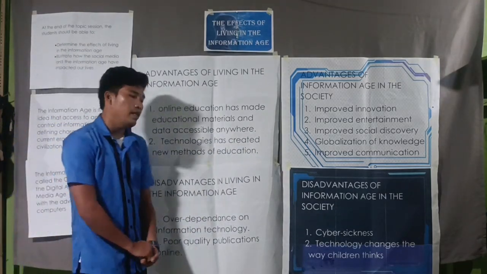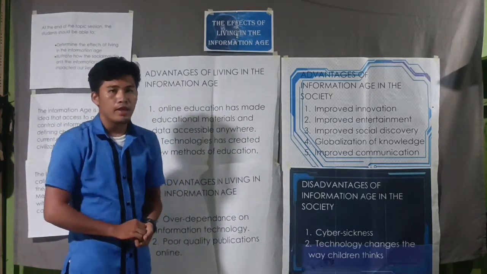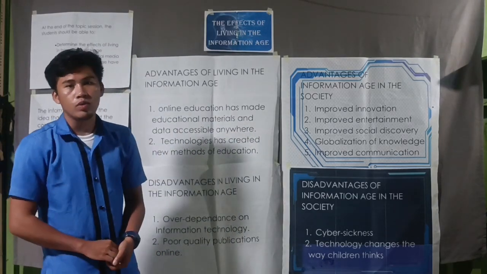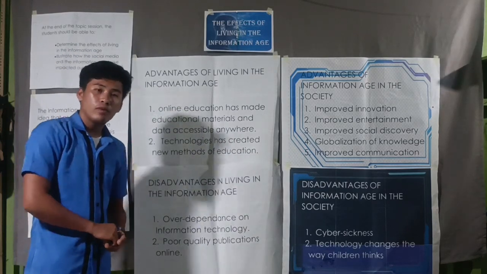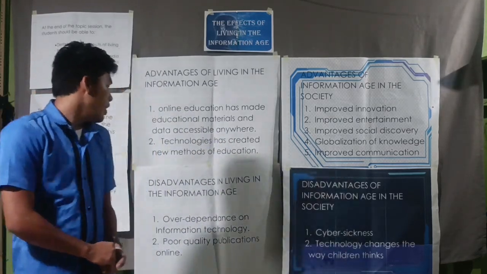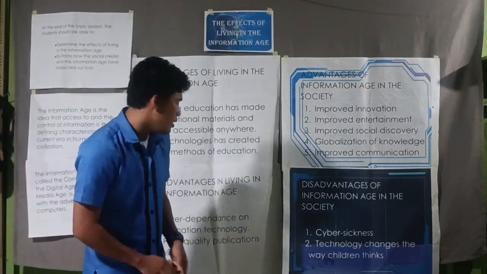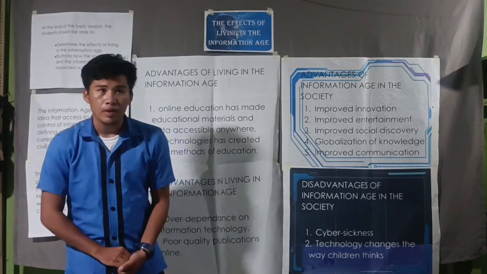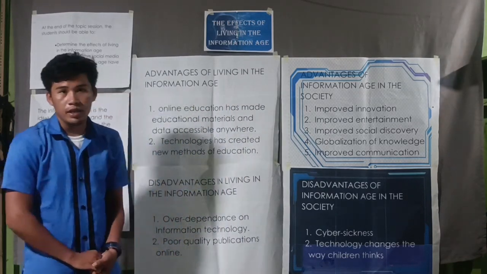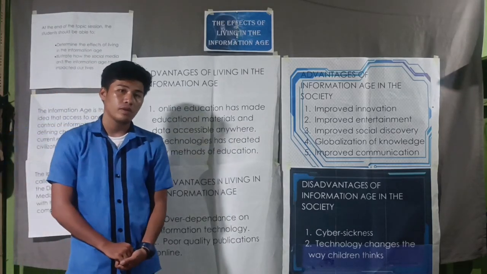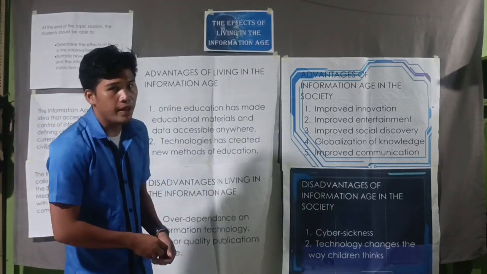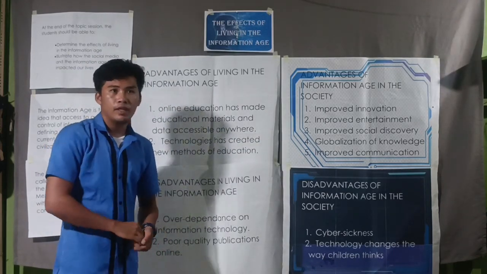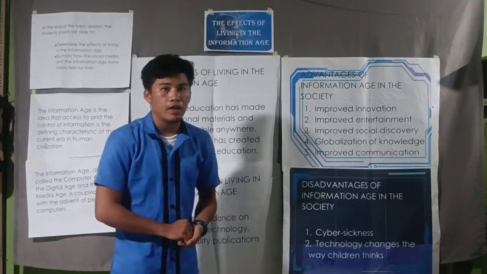That's why they feel ill, because they forget themselves. And number two is technology changes the way children think. Yes, most of the children now, even at the age of 3 to 10, use cell phones, YouTube and Facebook, and some information on those websites can affect our children's minds.